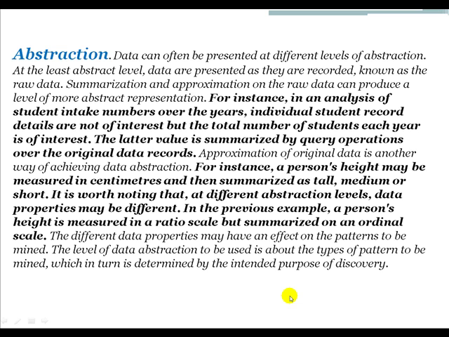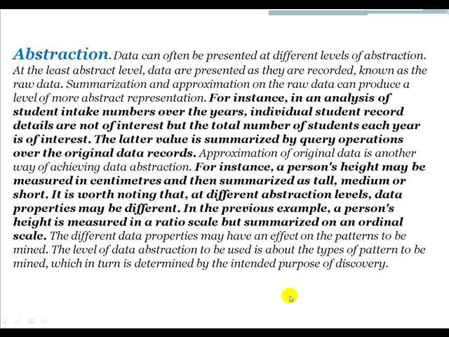It's even more than interval, because 0 means 0. It means no height. But when we approximate it as tall, medium, or short, it becomes an ordinal scale. So at different abstraction levels, data properties may be different.